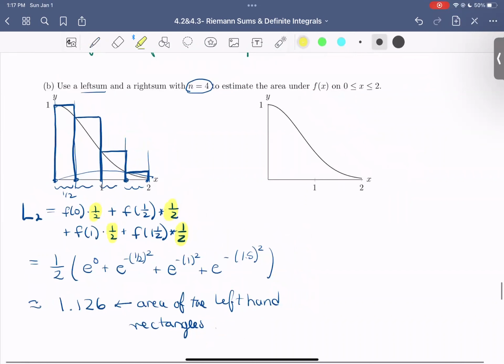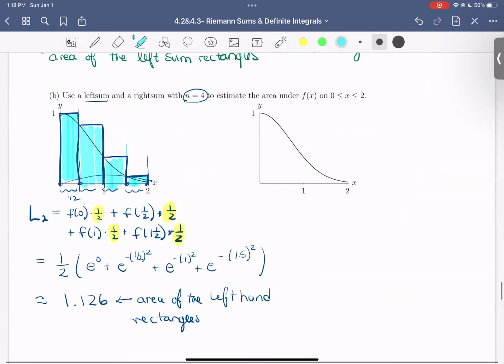Awesome, beautiful job. And we can just fill in that area so we can see what we've just computed. Now, if you haven't done the right-hand sum rectangles yet, go ahead and pause the video and fill that out, and then we'll compare our work. All right, let's go for it when you're ready.